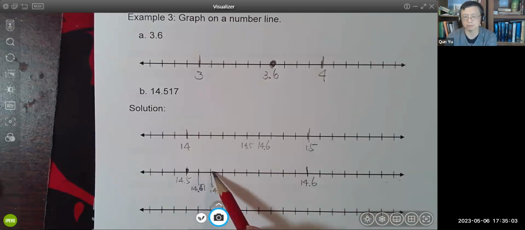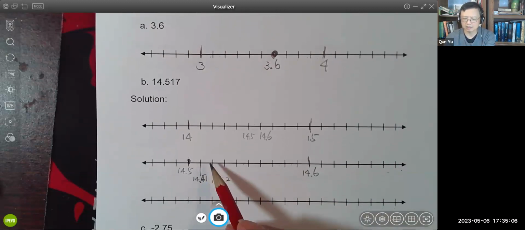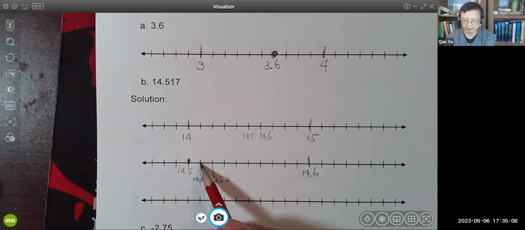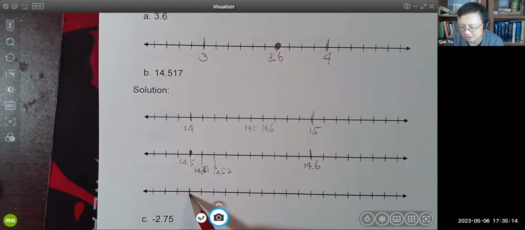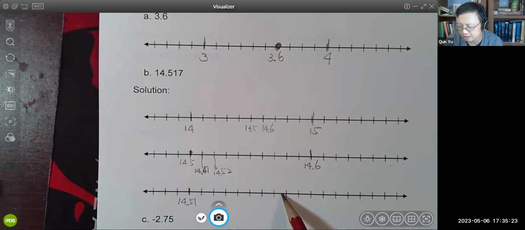It's between these 2 marks, right? Now let's magnify this unit using the third number line. Let's call this point 14.51. We need 10 more units. 1, 2, 3, 4, 5, 6, 7, 8, 9, 10. So this one is going to be 14.52.